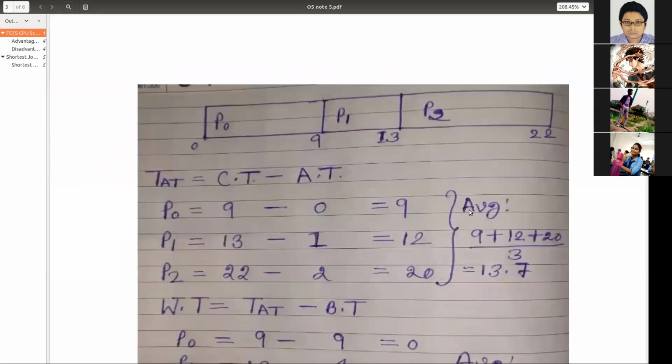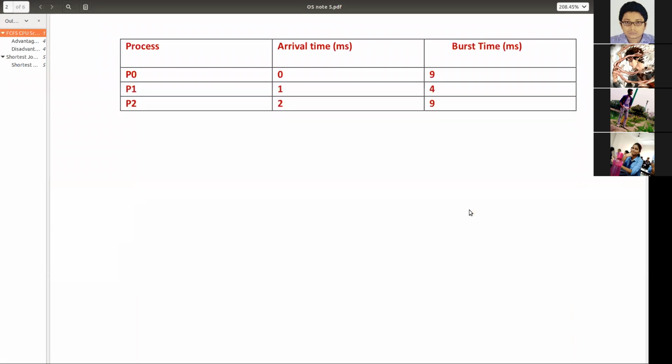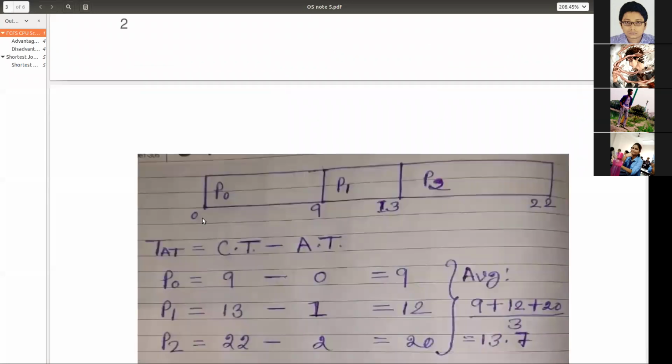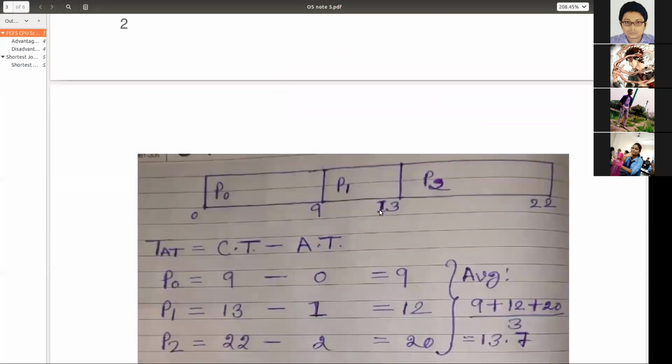If anyone could not understand, let me explain once. We have seen that P0 has arrived at time 0 and P0's burst time is 9. So obviously P0 will get the CPU first and will run up to 9 time units, 9 milliseconds. Next P1, its arrival time was 1, so P1 will run after that, and P1's burst time is 4, so 9 plus 4 it will be 13.